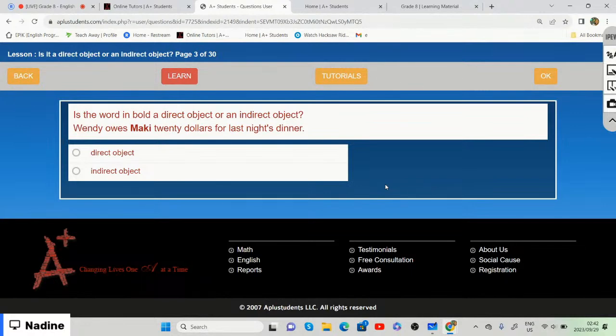And if we look at the sentence, remember we said the indirect object appears between the verb and the direct object. So we can say this is an indirect object.